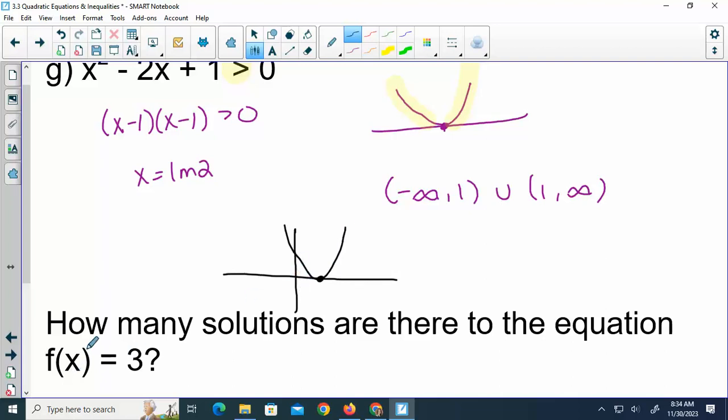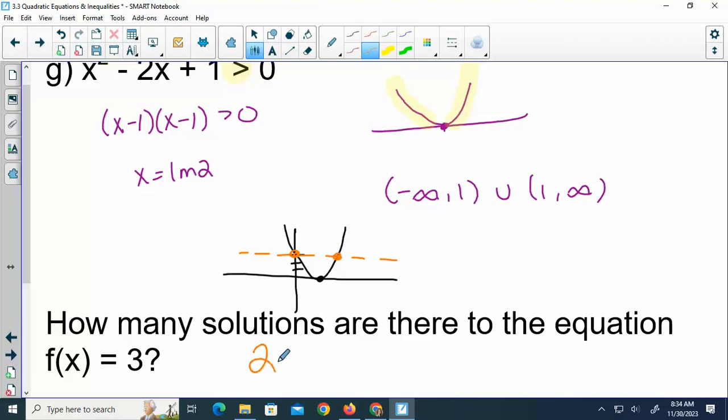F of x is the same as what variable? So I'm asking you how many times on this graph does y equal 3? 2 times.